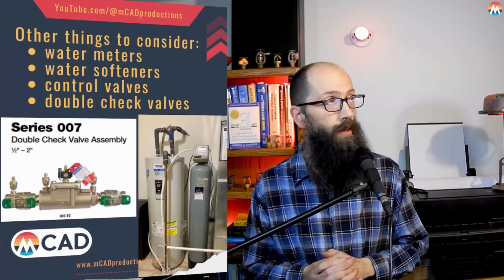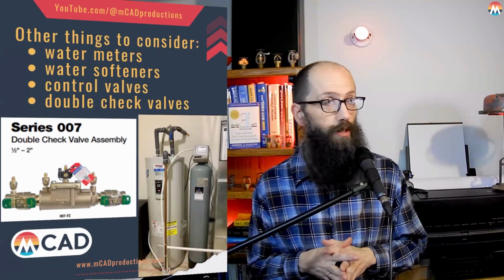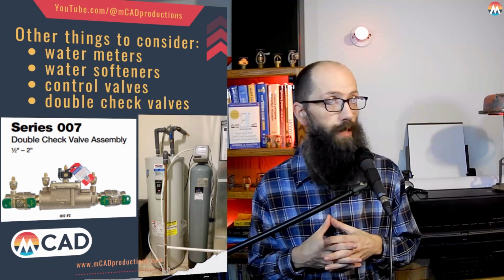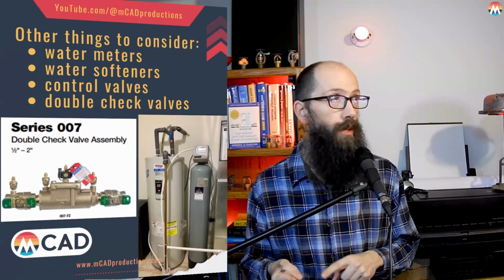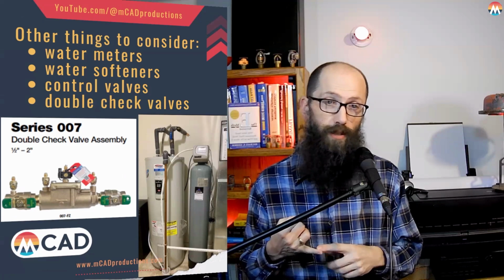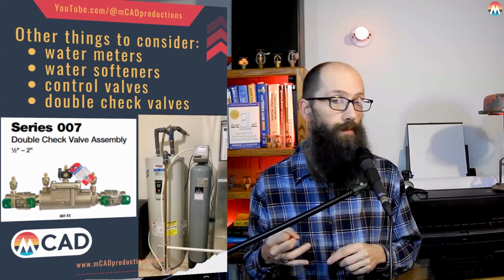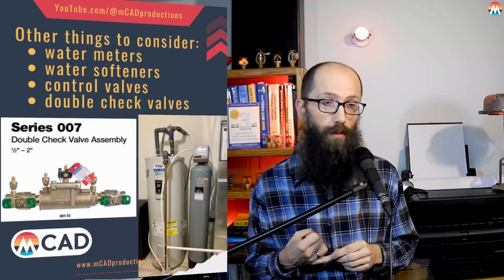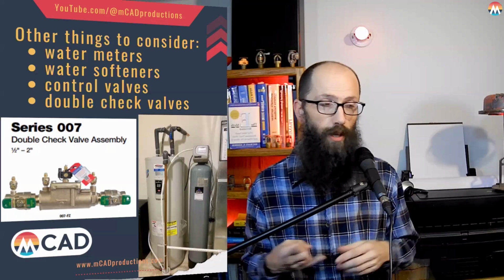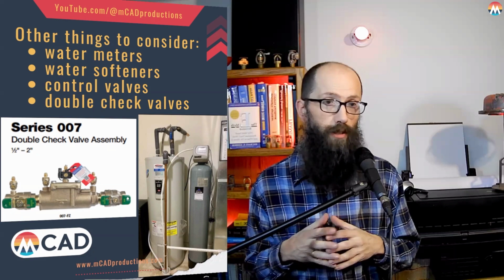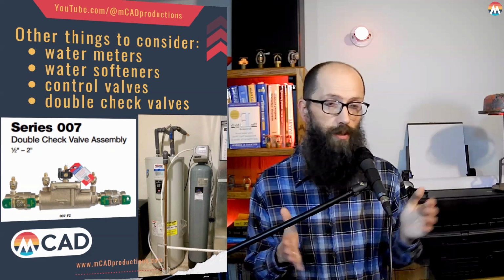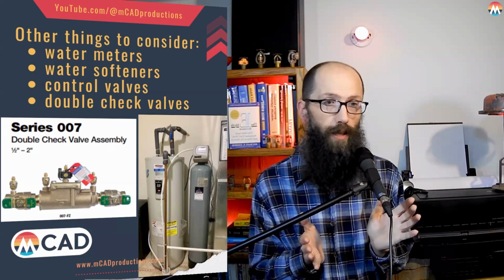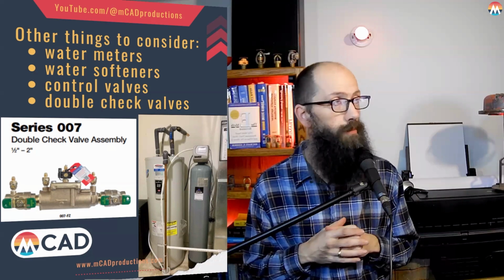Some things to consider on our 13D systems that affect the water supply is the water meter. If it is coming through a water meter, there will be a double check valve. Like in this picture, I have a Watts 007. Those are really common in our area to separate the domestic plumbing from the sprinkler system, because the sprinkler system water will stagnate and you don't want it to mix with the plumbing water.